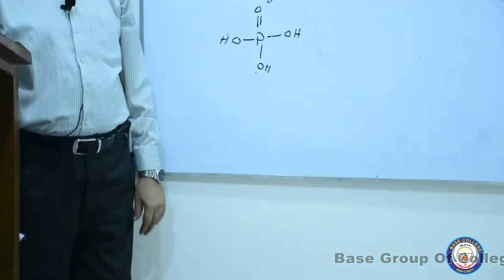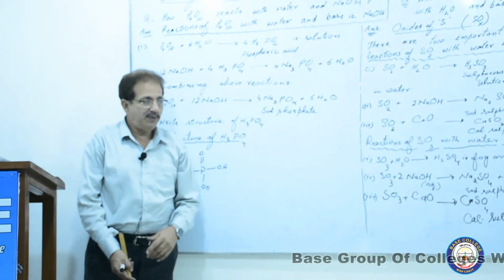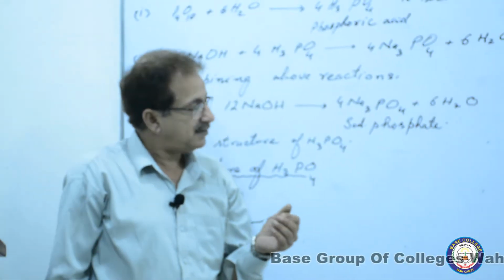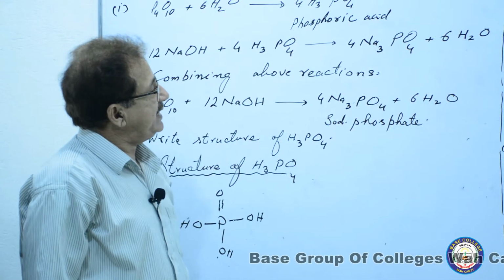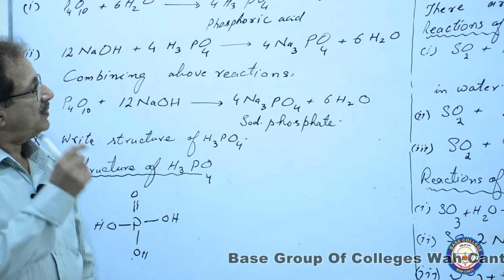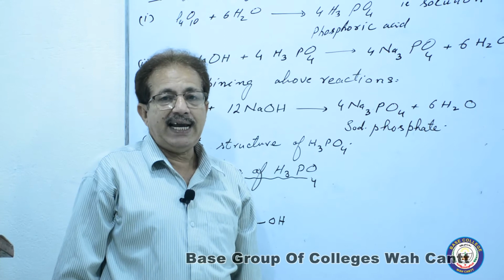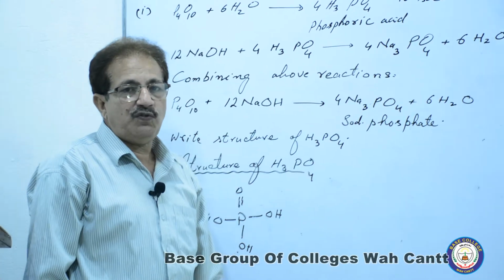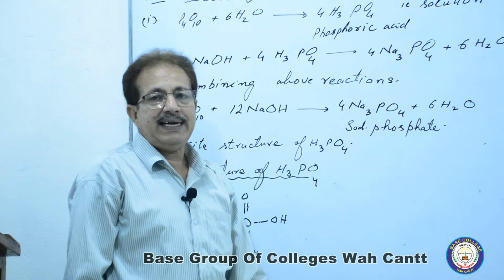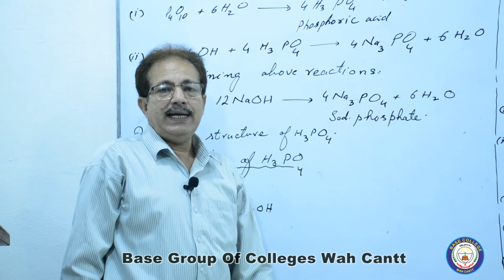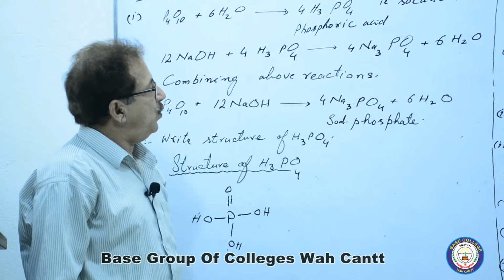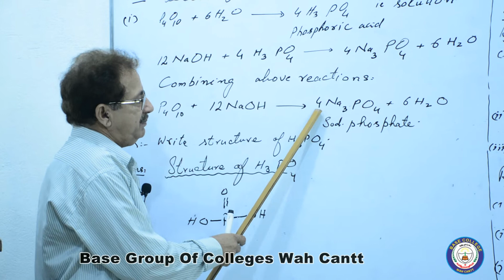The first product will be NaH2PO4, second is Na2HPO4, the third is Na3PO4. The overall product will be the same.